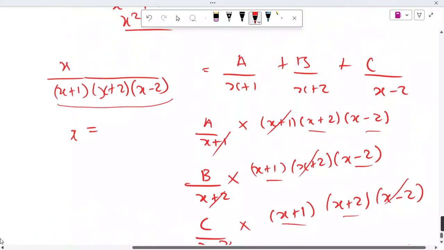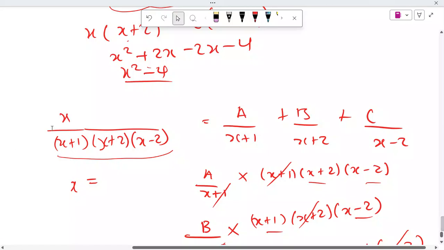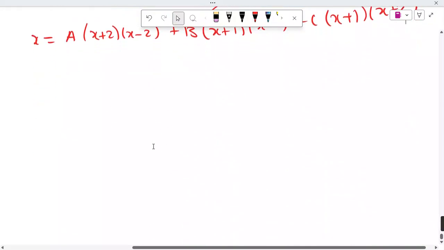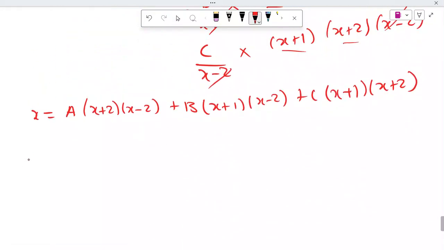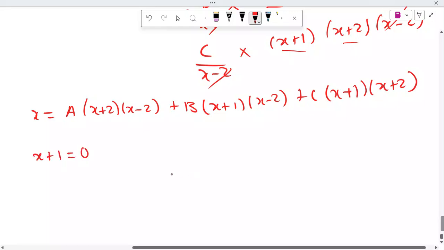Next, we equate these individual linear functions to 0 each: x plus 1 equals 0, x plus 2 equals 0, x minus 2 equals 0.